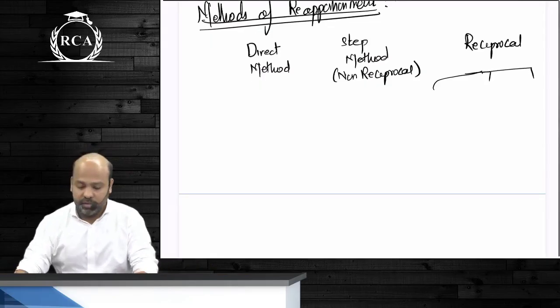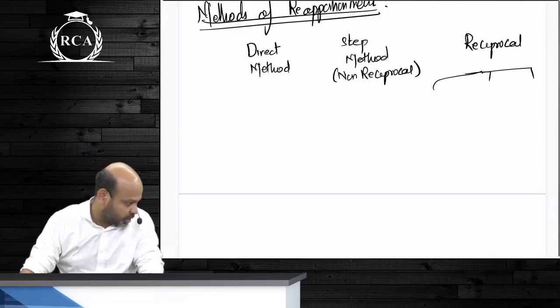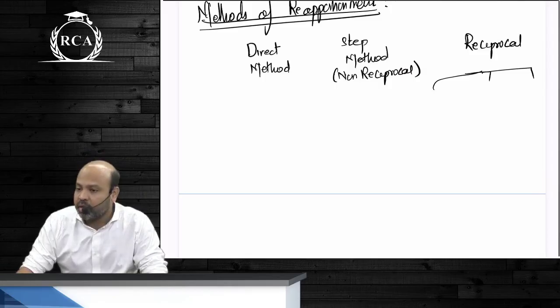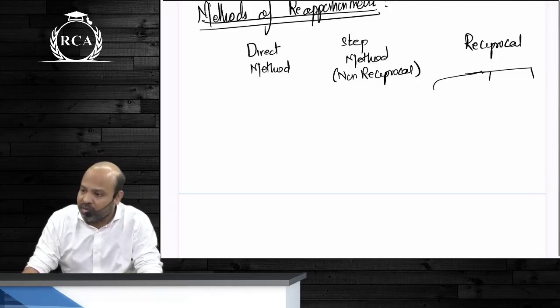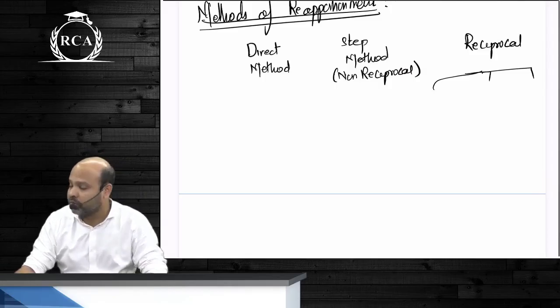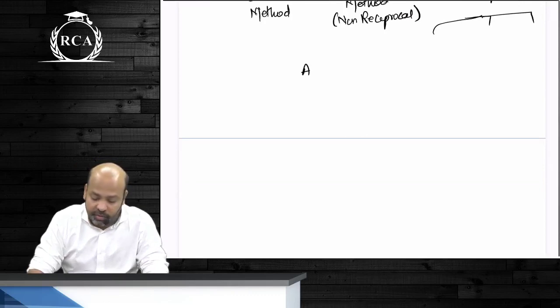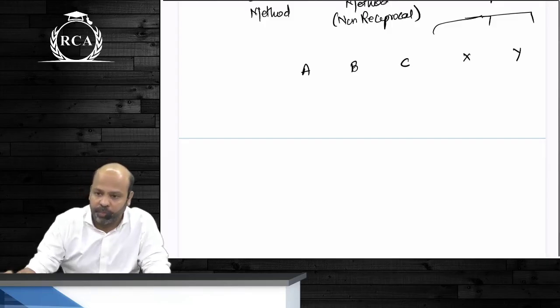It is not that we have a choice in selection of method. It all depends on what is the amount of service that is rendered by one service department to the other service departments or to the production departments. I gave an example the other day wherein we had 3 production departments and 2 service departments.